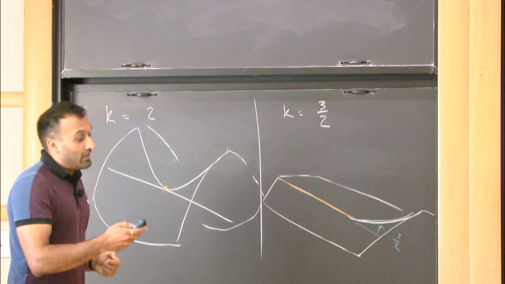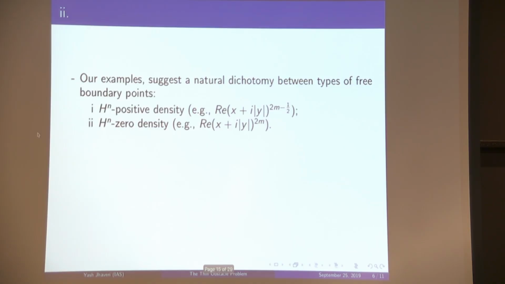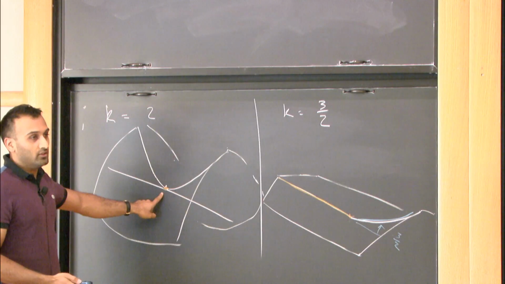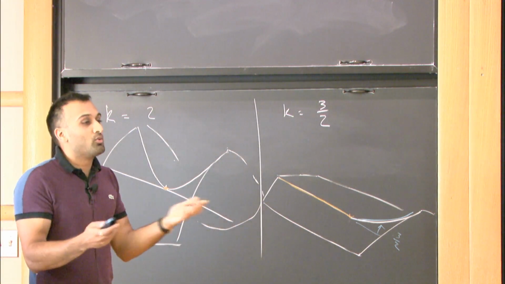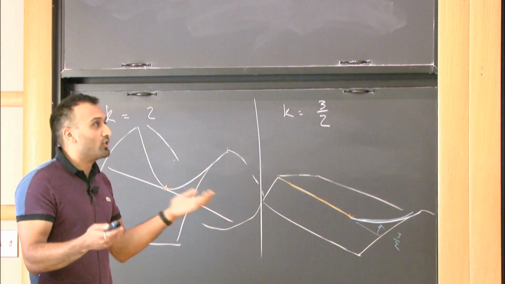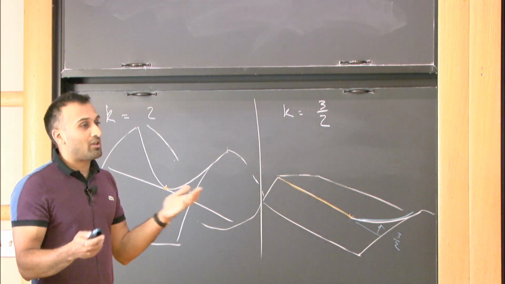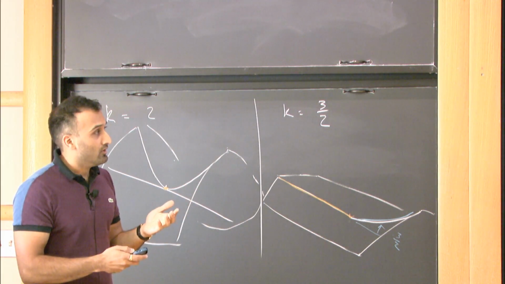Okay? And then I've got this other example, which is the H^n zero density points, or n-dimensional measure zero points, which correspond to this picture here. Right? And somehow this dichotomy is telling you that maybe these are the only two possibilities. But can I understand this further?